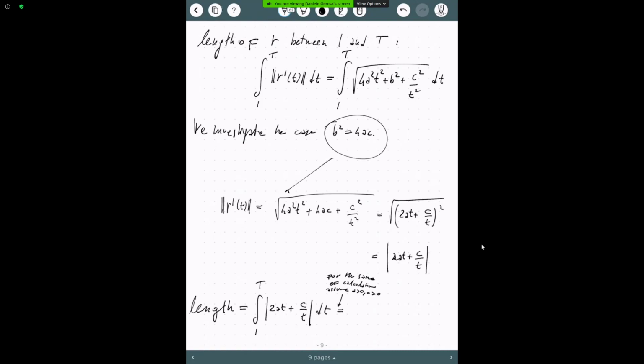It's not really interesting. So we get rid of this modulus because t is also positive, so this number is always positive, and then we get this.